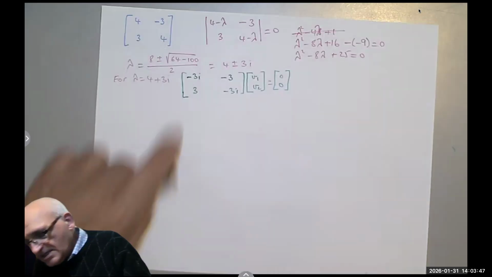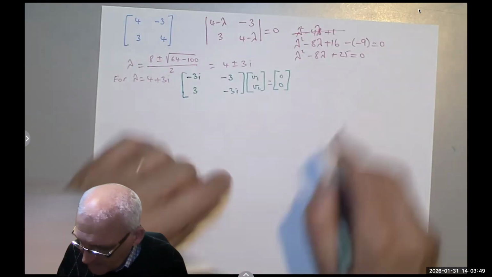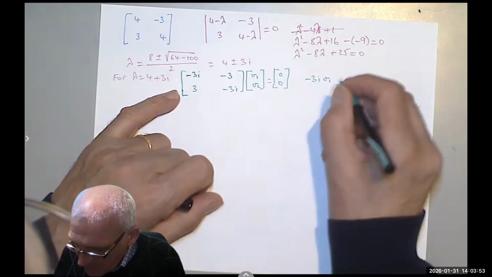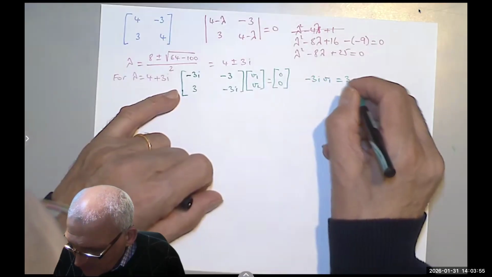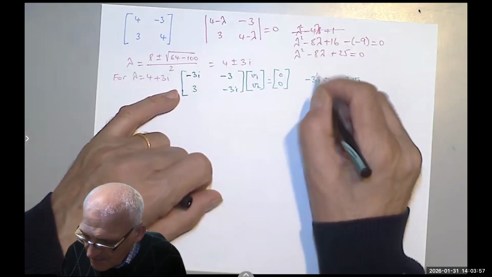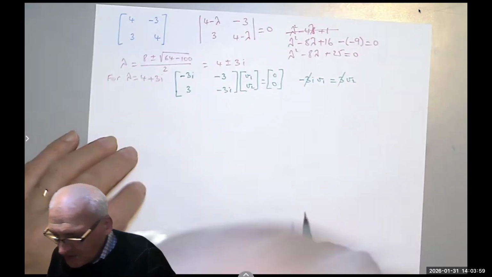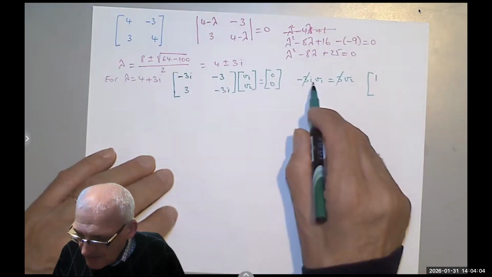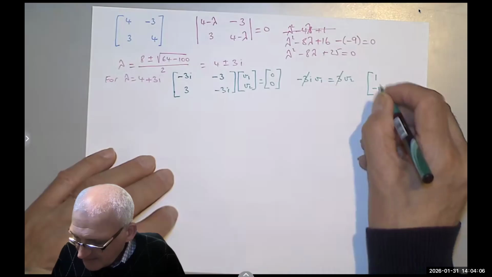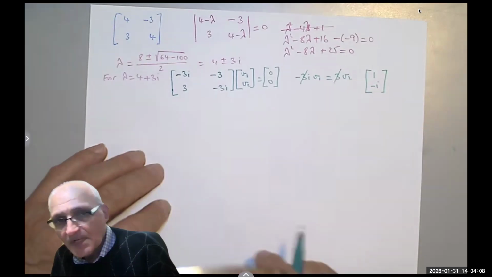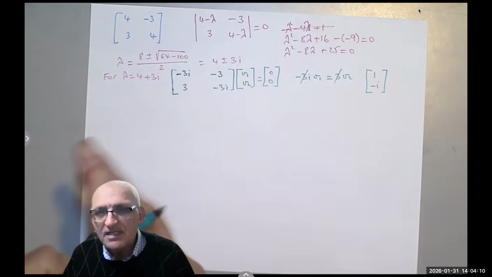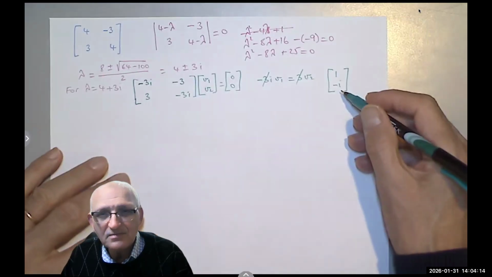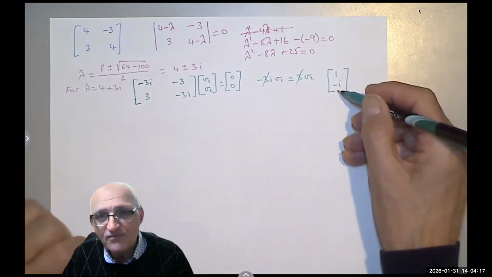So for the ratio of v1 and v2, you get -3i v1 equals 3 v2, right? So now if we assume v1 is 1, then v2 would be -i. I prefer to write the i at the bottom. Many people use 1 for v2.